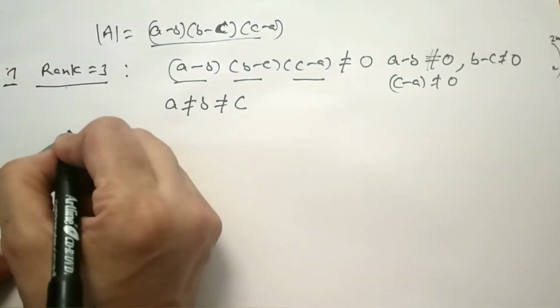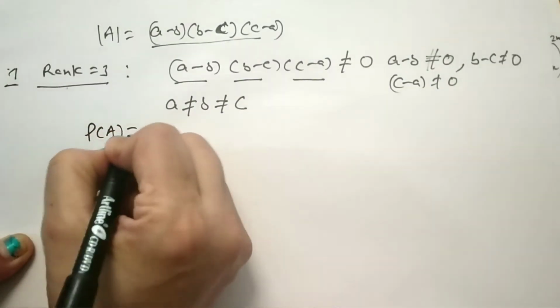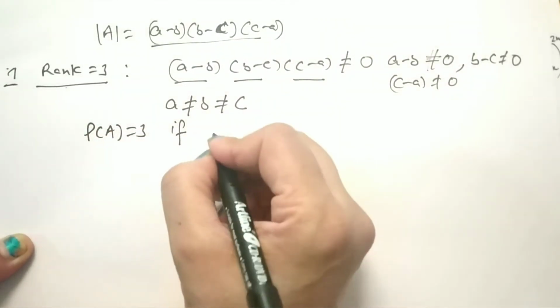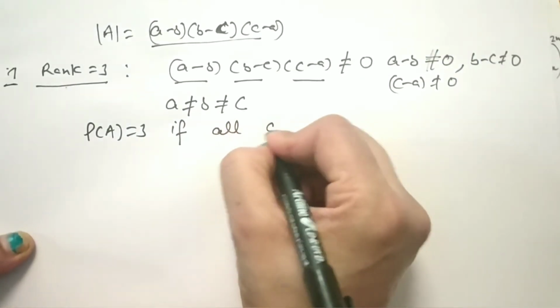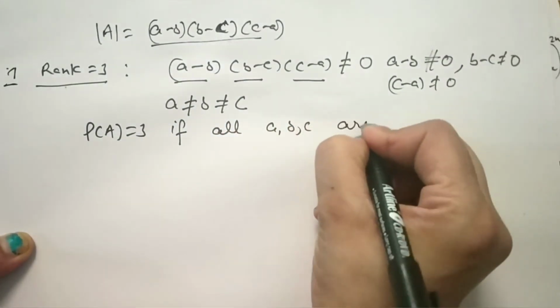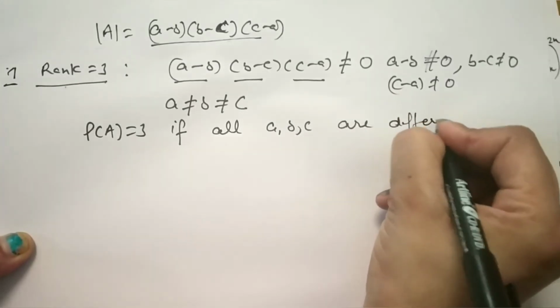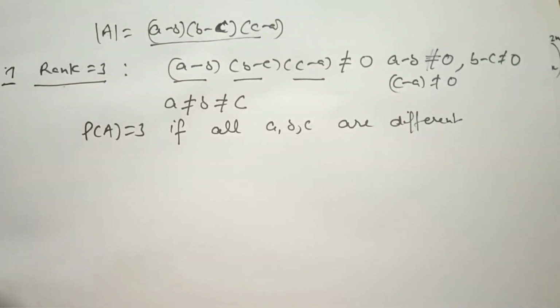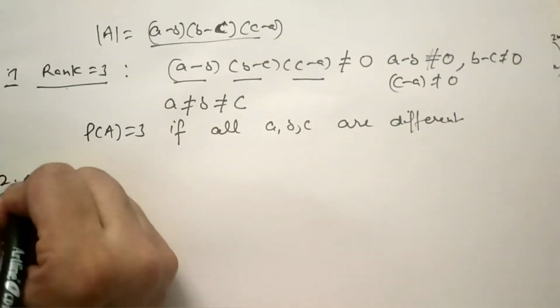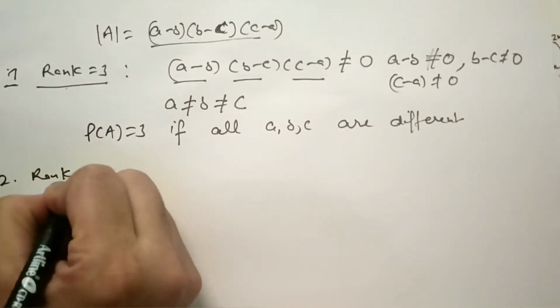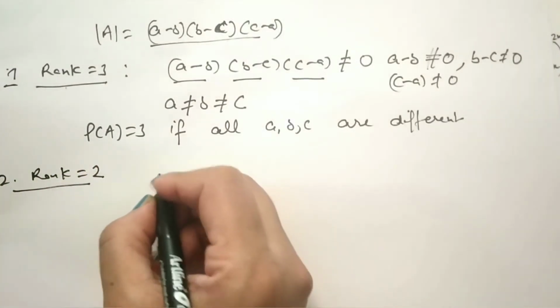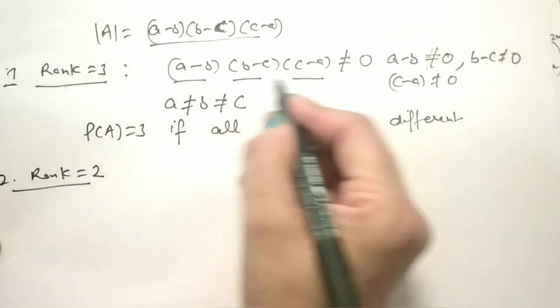Or you can write rank of A is 3 if all A, B, C are different. If they are not equal to each other, then the rank is 3. Now rank will be 2 if this determinant is 0.